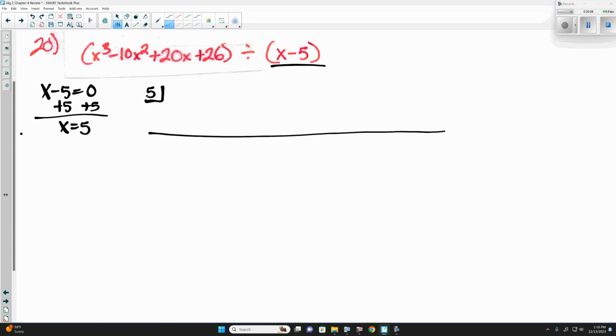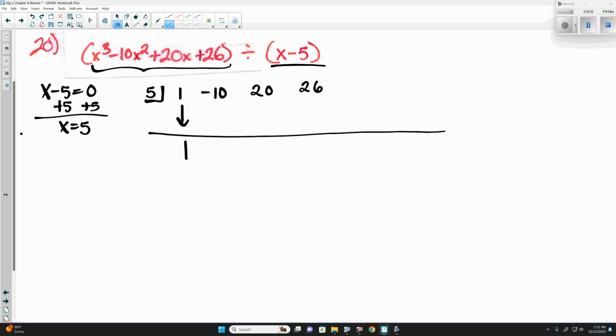The number that goes in the cubby is the one that we got when solving for x. The numbers going across the top are the coefficients of what was being divided and the constant term. So x to the third would have 1, x squared is negative 10, x is 20, and our constant term is 26.